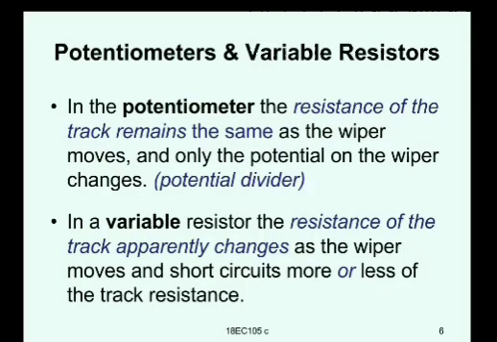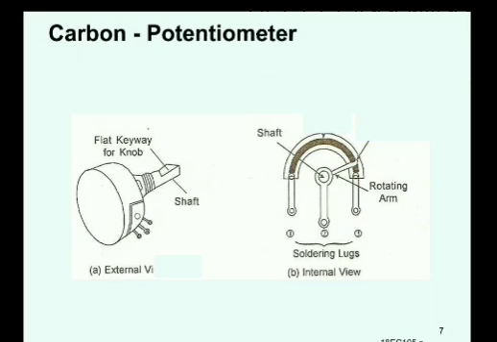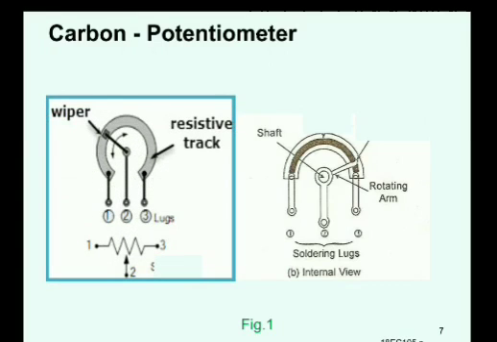Now let us see the construction of the carbon type of potentiometer. So here you can see that there is a circular carbon track, as you can see in the figure.